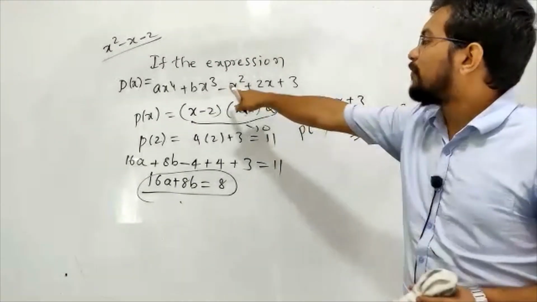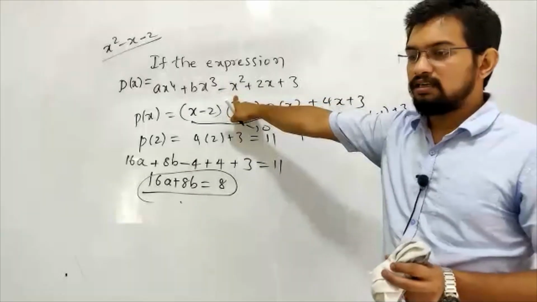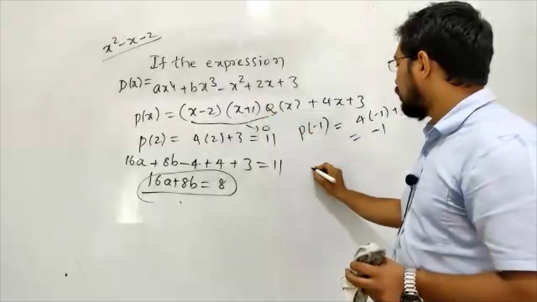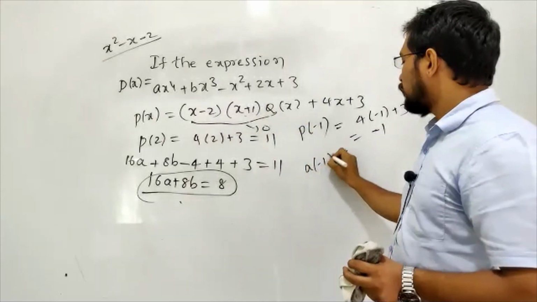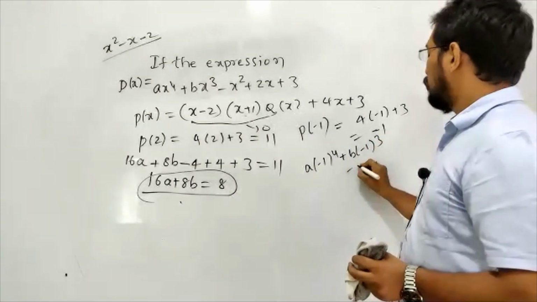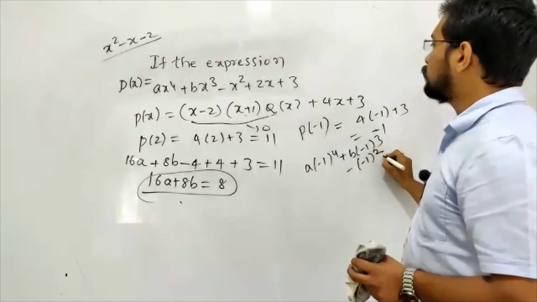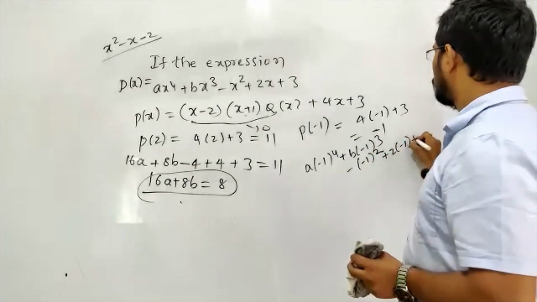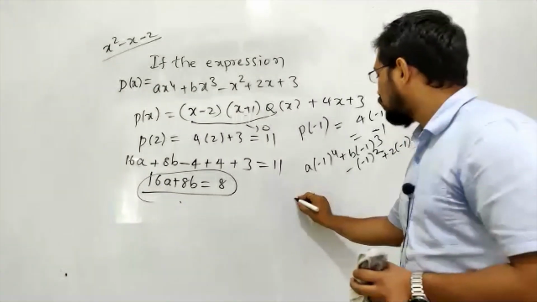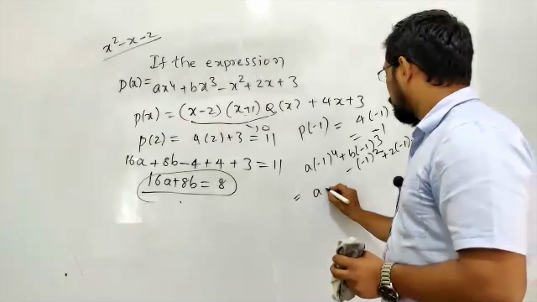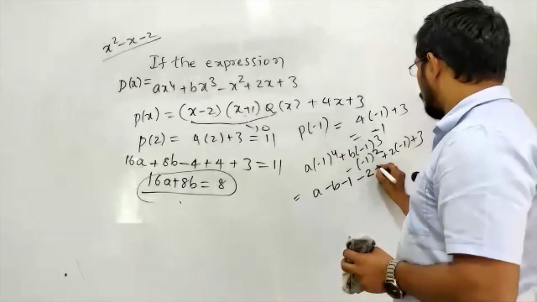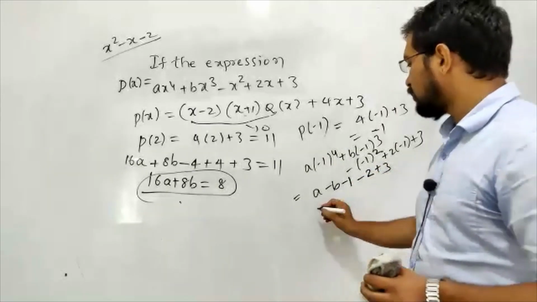And what is p of minus 1 with respect to that expression? That is a into minus 1 whole power 4 plus b into minus 1 whole cube minus 1 whole square plus 2 into minus 1 plus 3. This value is a minus b minus 1 minus 2 plus 3, which is nothing but a minus b.